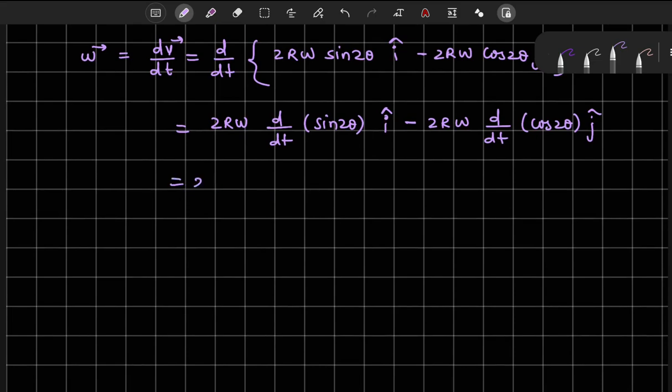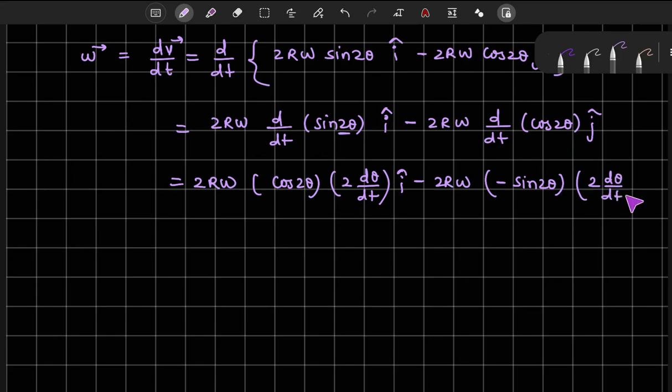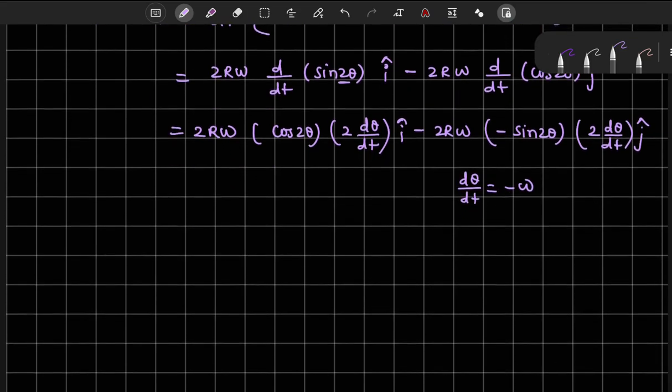Okay, so from here we can write 2r omega, differentiation of sin 2 theta is cos 2 theta, and the derivative of 2 theta is 2 times d theta upon dt i cap, minus 2r omega, differentiation of cos 2 theta is minus sin 2 theta, and the differentiation of 2 theta is 2 times d theta by dt j cap. And we know that d theta by dt is equal to minus omega, so let us substitute the value of d theta by dt here.